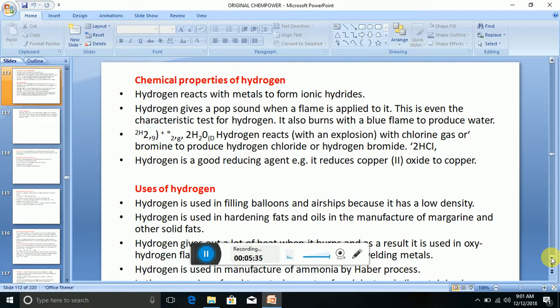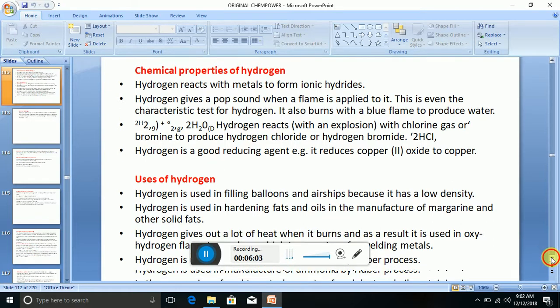It also burns with a blue flame to produce water. Hydrogen reacts with an explosion with chlorine gas or bromine to produce hydrogen chloride or hydrogen bromide. Hydrogen is a good reducing agent. It reduces copper(II) oxide to copper.